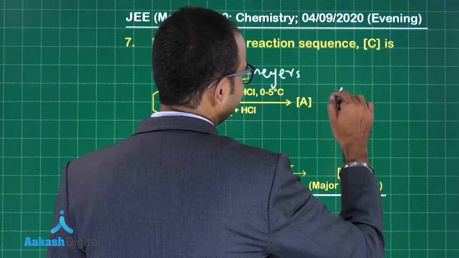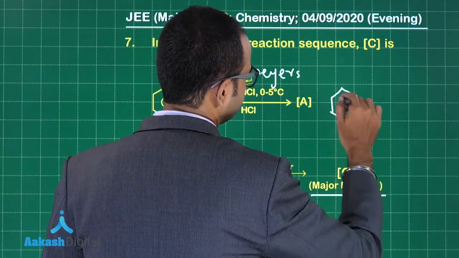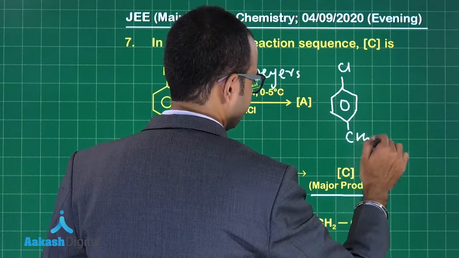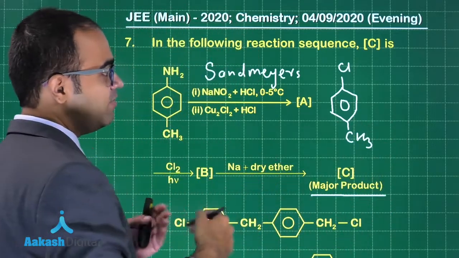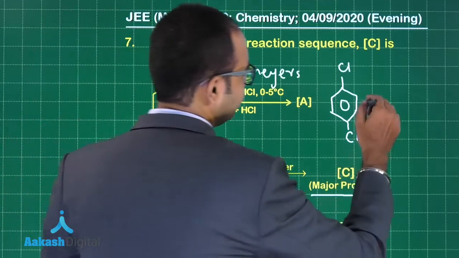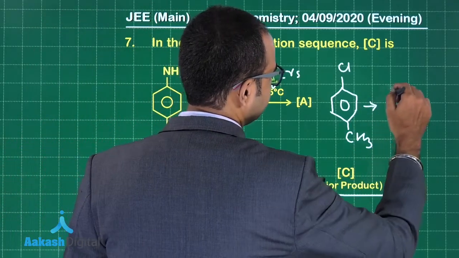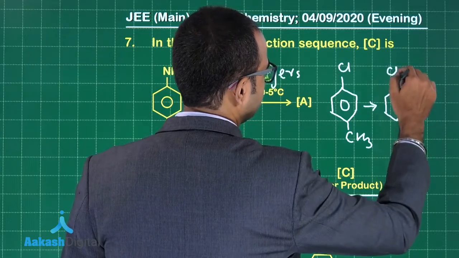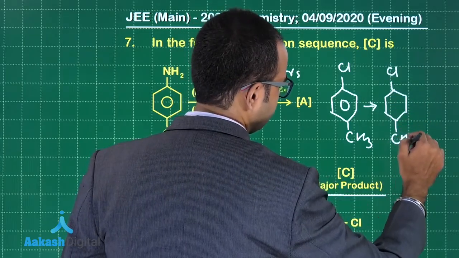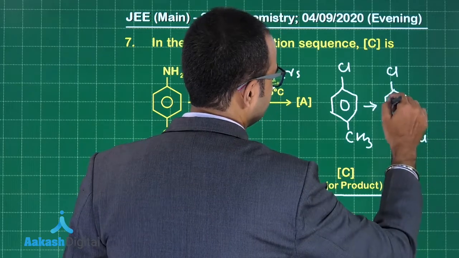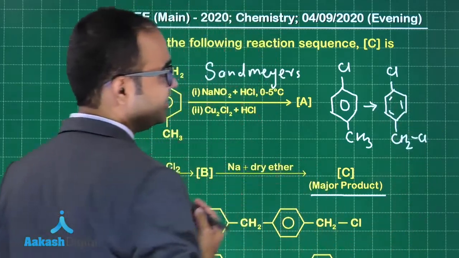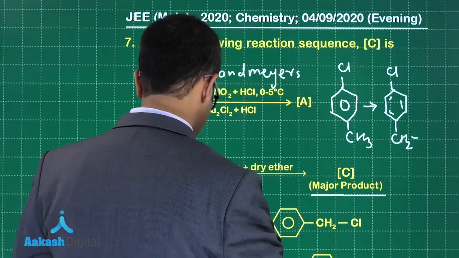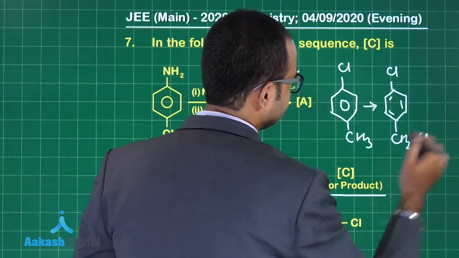So what do we get? Cl and CH3 on the benzene ring. So what will be B? B will be the compound with a Cl which is attached to CH2, right?